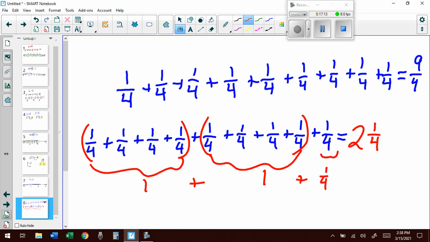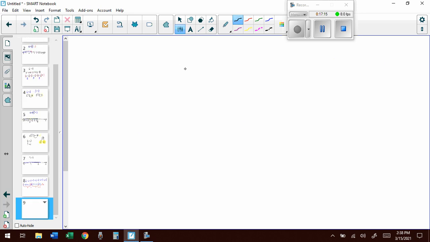Now, if we were going to show this in a multiplication sentence, 9 times 1/4, we would do whole number times your numerator. 9 times 1 equals 9, and your denominator is 4, so we have 9/4.